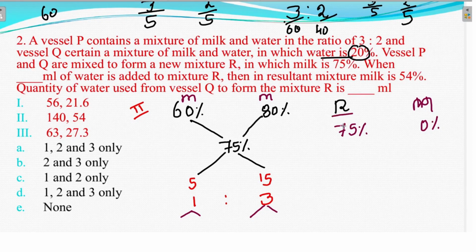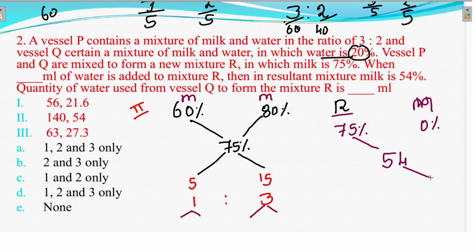In vessel R, I have initially 75% milk and 25% water. If you add only water, then milk will be 0%. After adding that, the milk in mixture R becomes 54%.